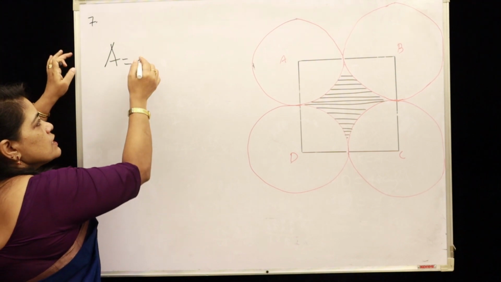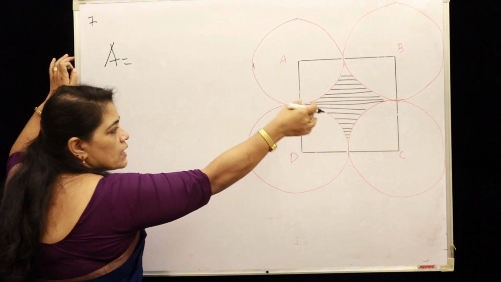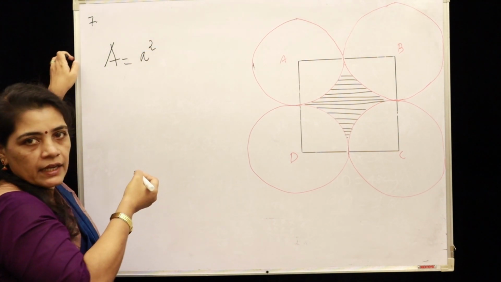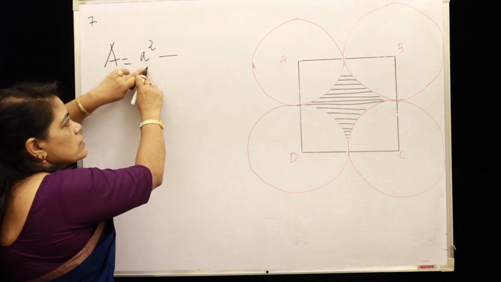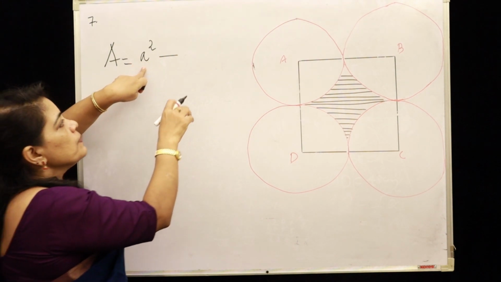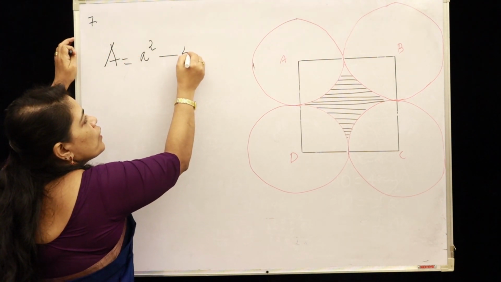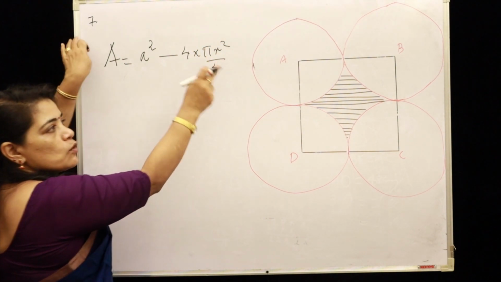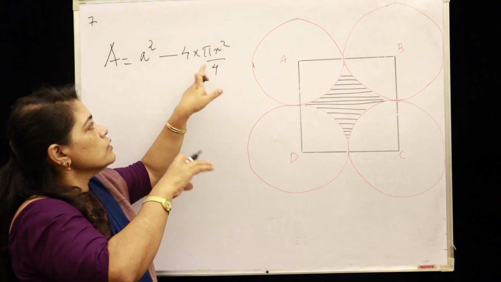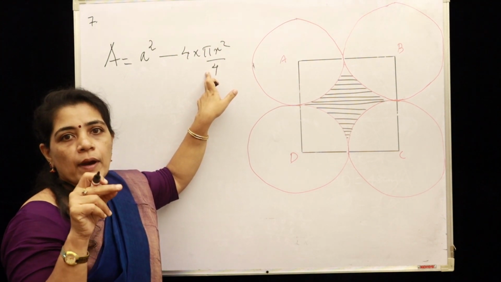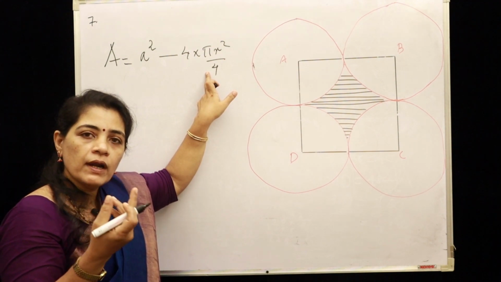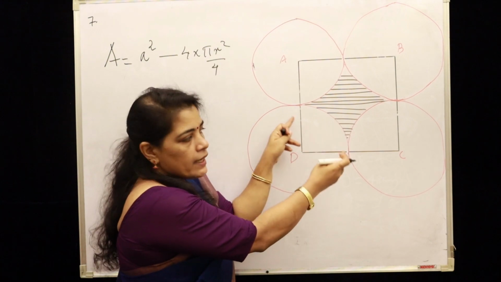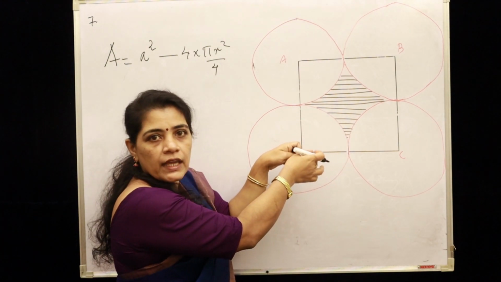If you subtract these four quadrants from the area of the square, that is a square, or side into side, minus, here small a denotes side, minus 4 into pi r square by 4 for the quadrants. So the area of one quadrant is pi r square by 4, or you can apply the area of a sector, this being the area enclosed by 2 radii and its corresponding arc.